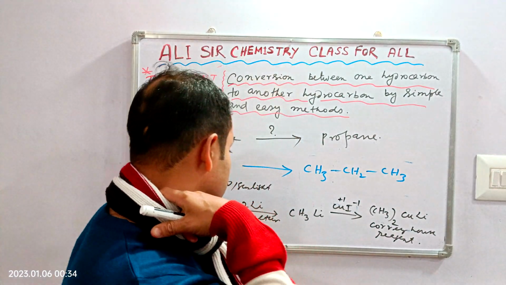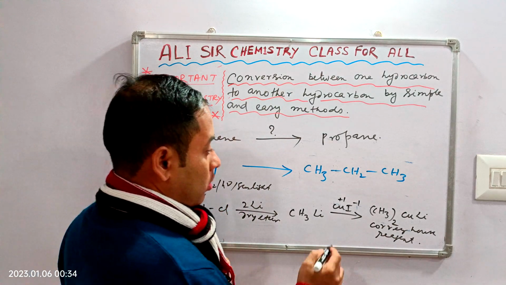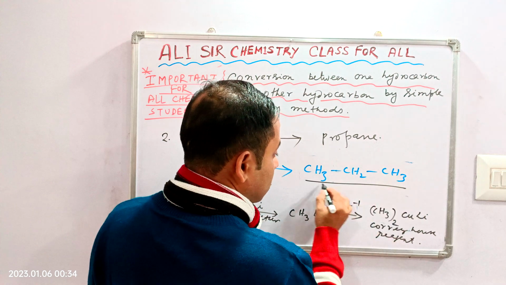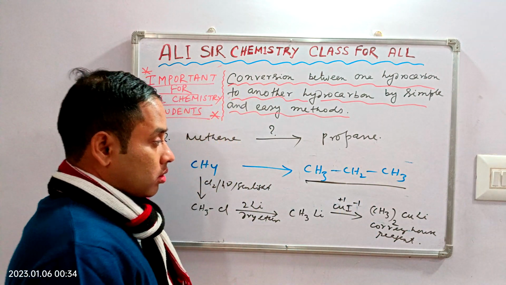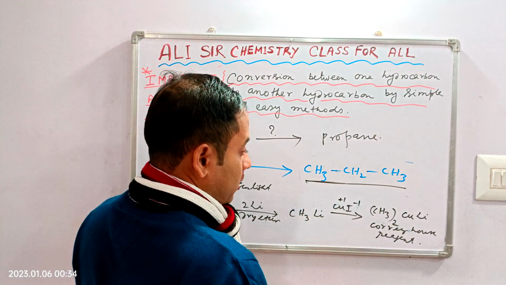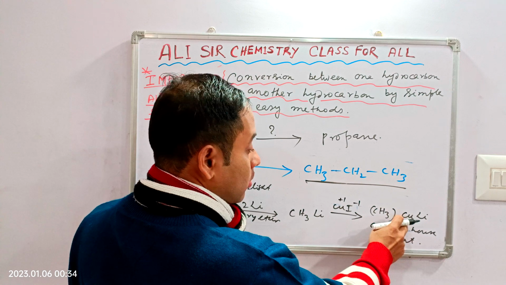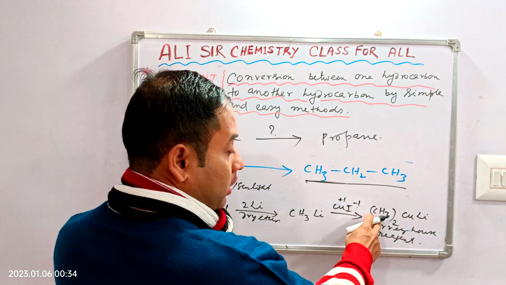Basically, we are going to use this Corey-House reagent as a nucleophile. Our final product is propane, where 3 carbon atoms are present. But in R2CuLi, or (CH3)2CuLi, only one methyl group is present.